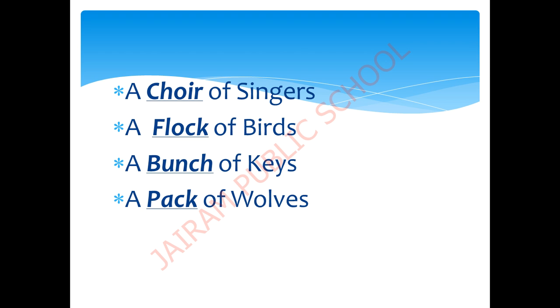A pack of wolves. What is called a group of deer? A herd of deer. The nouns which are dark and underlined are collective nouns, which refer to a group of persons, animals, birds, and things.